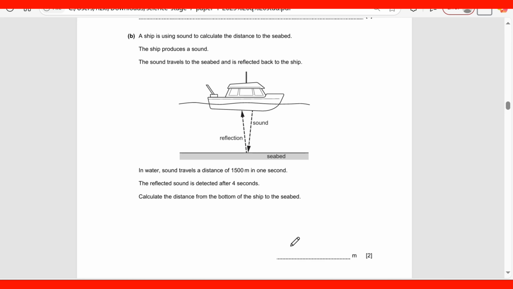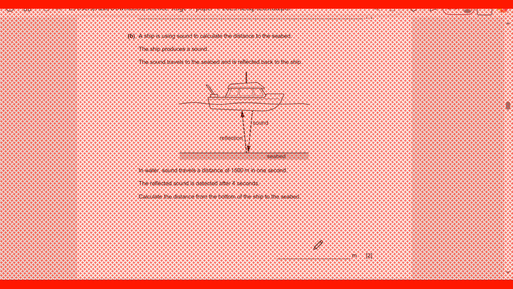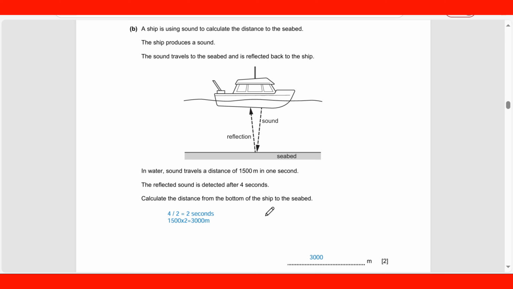Okay, let's check out the answer, guys. So now we see that the answer is 3,000 meters. The sound is detected after 4 seconds, which is from the ship going to the seabed and back to the ship again. So 4 seconds is for going and coming back.